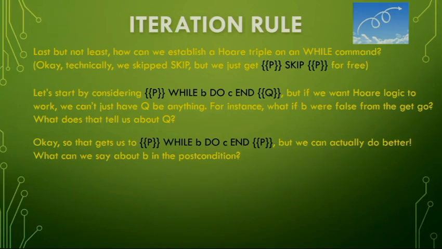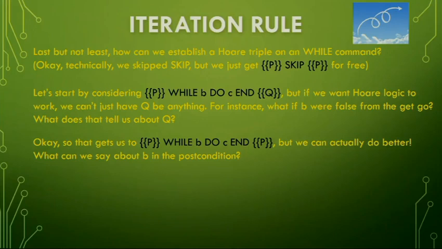We can say something more about this P condition, because we know a little bit more than P. If this is our code, C, this is our command, then when this is done executing, there's something we can say about the state that we're in, other than the fact that P is true. Because what can we say about P?